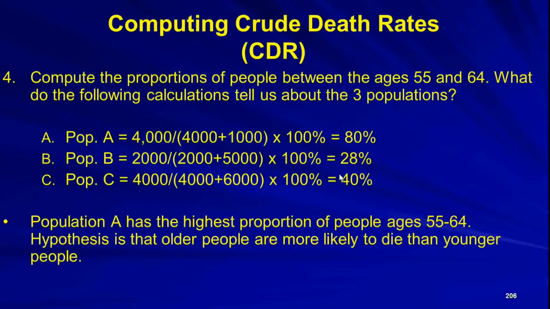So we've combined and utilized two statistics in order to provide information about why we are recognizing and seeing more deaths in population A than the other two populations.